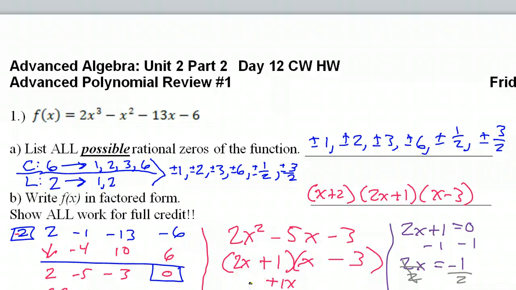Obviously, if you want to just be the master of your domain, then you will go back and look at every homework that we've ever done and the classwork as well, and make sure you know every problem. But if you don't have that much time, at least make sure you know every single problem on this paper, and you could do it without looking at your notes or watching any video.